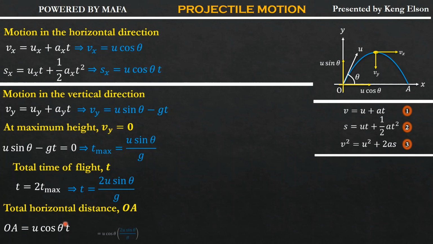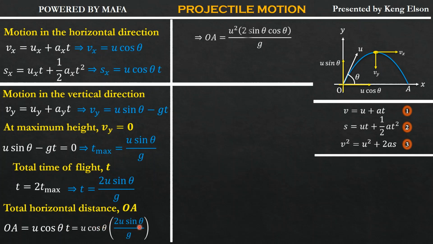So we replace t here with the total time of flight, meaning we get u cos theta times 2u sine theta divided by g. Simplifying, we get u squared times 2 sine theta cos theta divided by g. But 2 sine theta cos theta is an identity for sine 2 theta. So it means the range of the projectile is u squared sine 2 theta divided by g.